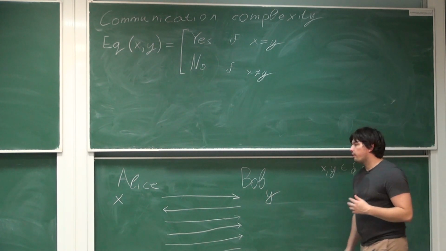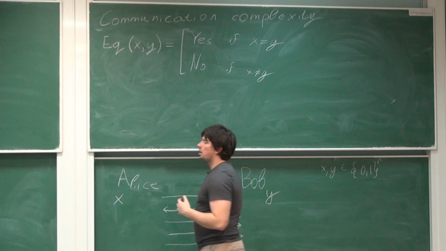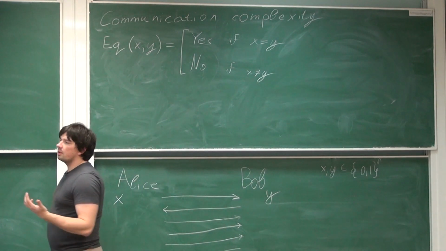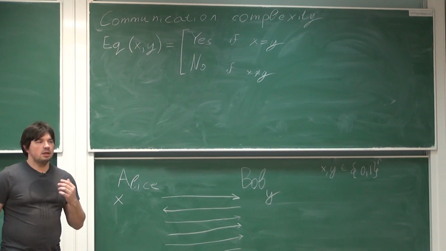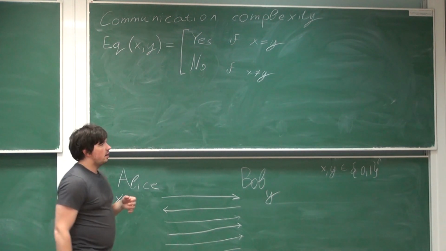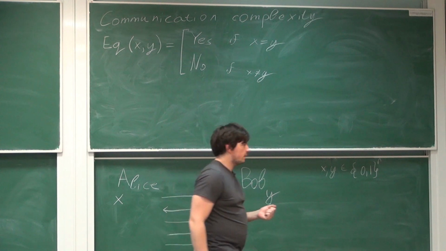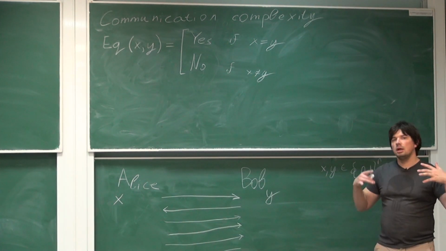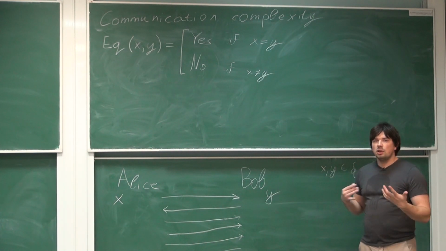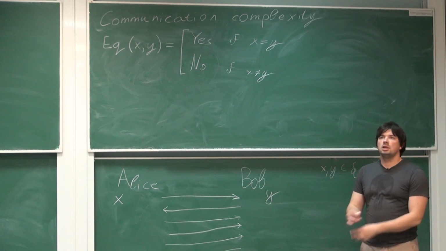And that brings us to the most fundamental question in computer science: can we do better? Computer science in general consists mostly of two types of questions.